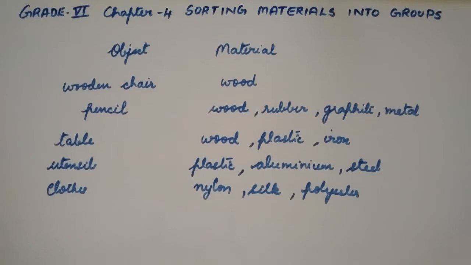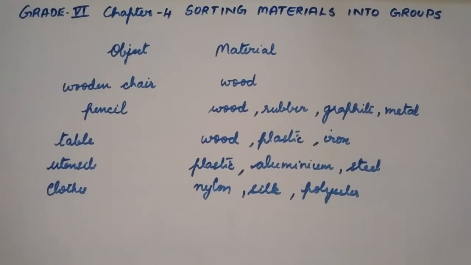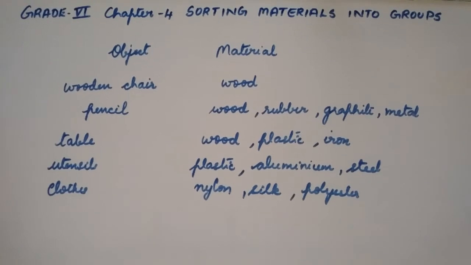A tea mug is always made of clay or plastic because its purpose is to hold the tea. And if the tea mug is made of cloth, it will not be able to hold the tea. So, based on the properties of materials, different objects are made.